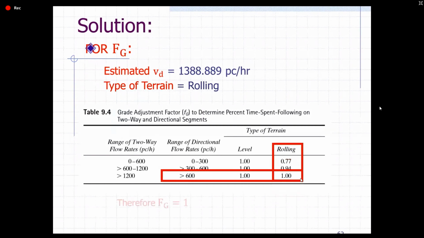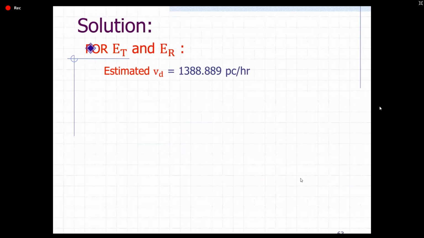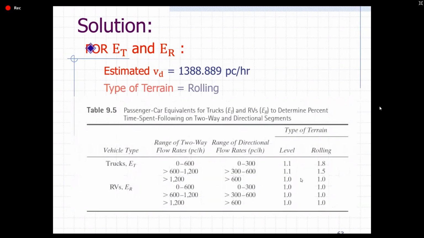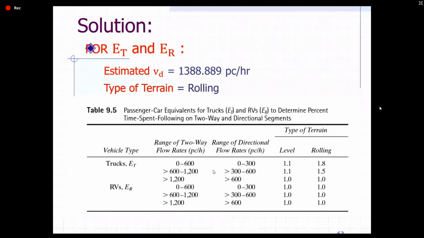So next is kunin naman natin yung E sub t and your E sub r. That is your factors with respect to your trucks and RVs. So again, dito tayo sa second. So directional split. So eto siya. It is 600.